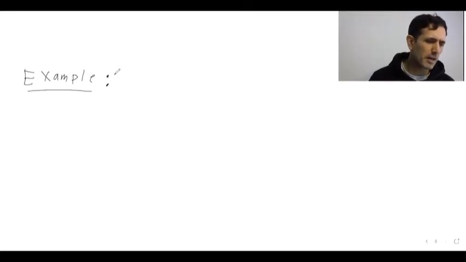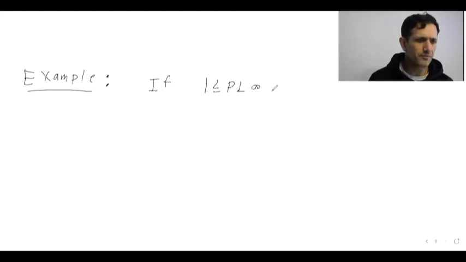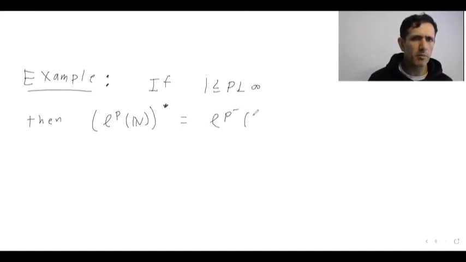The proof is a little more complicated than for little lp, but sort of the same. All right, so if p is between 1 and infinity, then the dual of little lp is little lp prime.